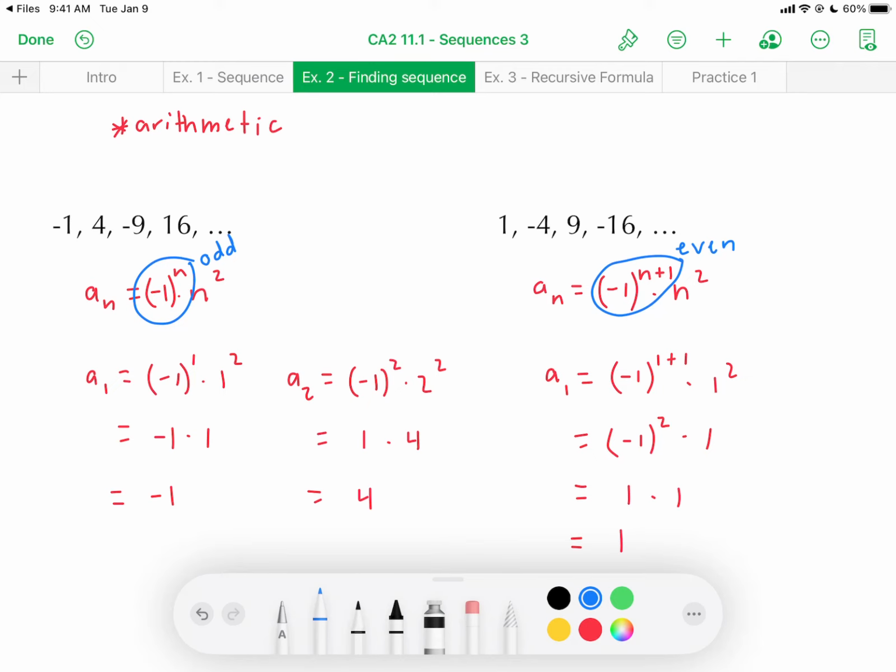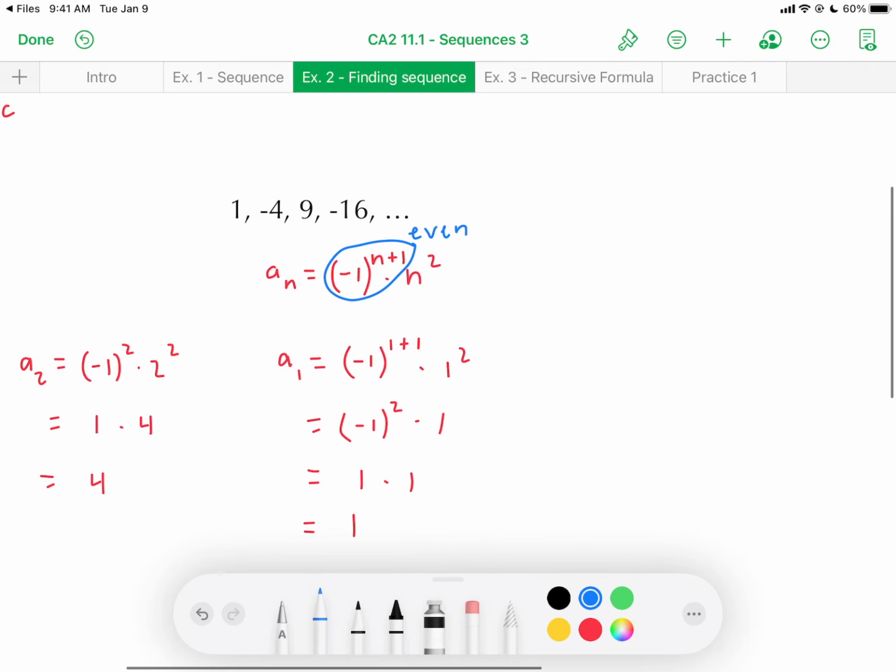Say that again. -1. Okay, like this. So it's times -1 to the n. Like so? Yeah.